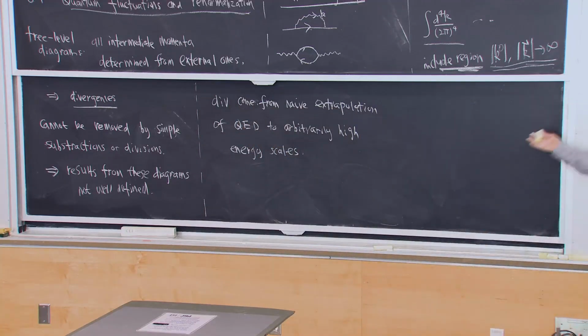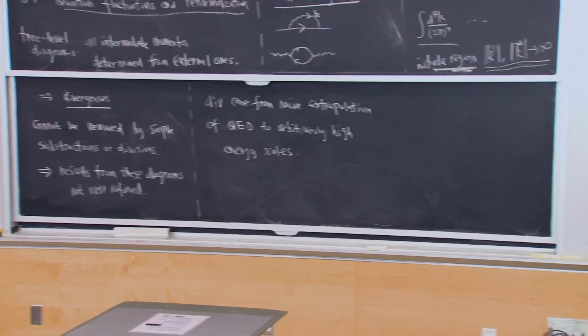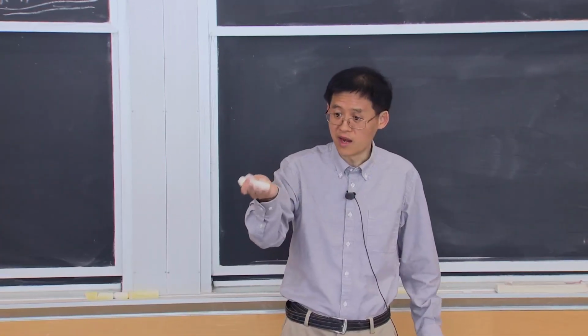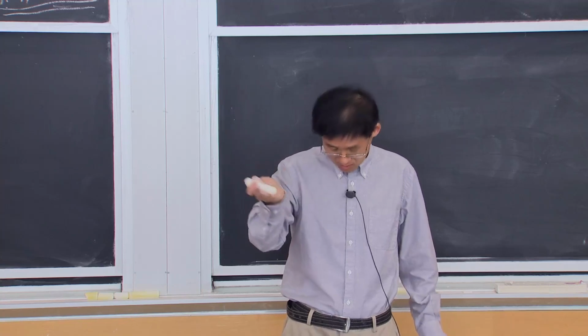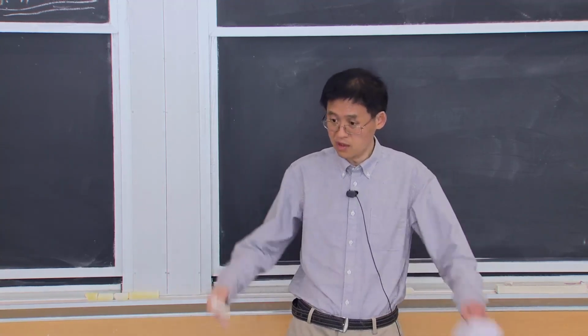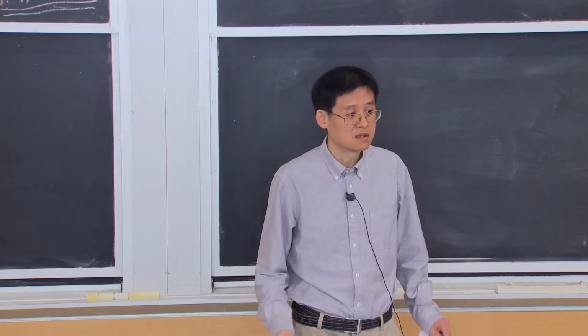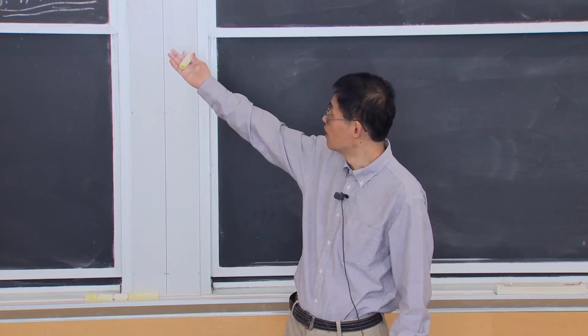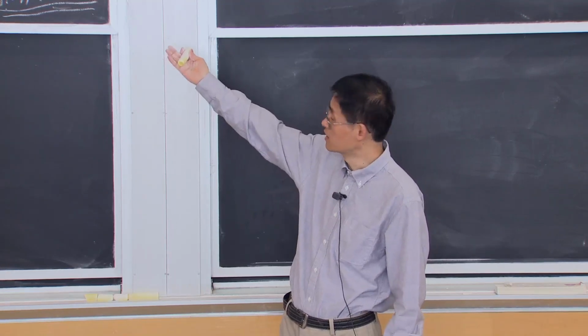We use the framework of QED, but then we do this integration involving very large momentum. Nobody actually tells us that QED should be valid at those very high energies, because in real experiments you cannot probe very high energy processes or very short distances, because of the limit of our energy resolution. So there's no reason to trust that QED should be valid for k0 and k going to infinity.